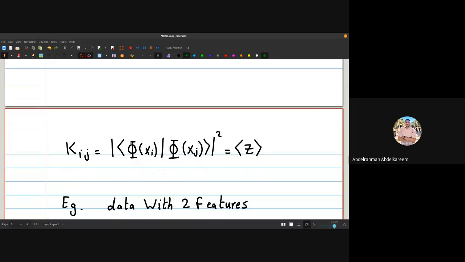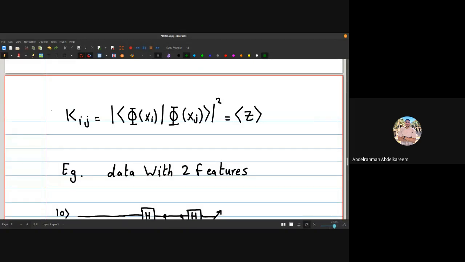So we can say the element in the kernel matrix is the inner product of the encoded states. Here, the symbol means the encoding: the encoded state of xi, which is a data point in the dataset, and xj, which is another data point in the dataset. We encode them in a quantum circuit.